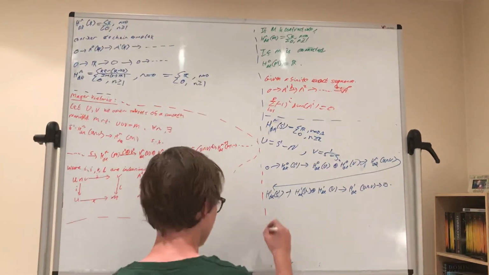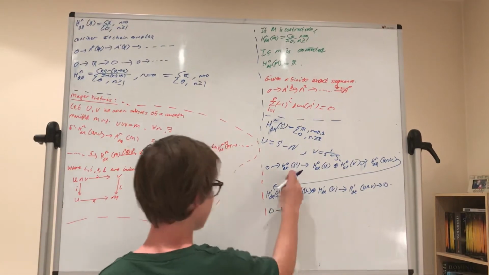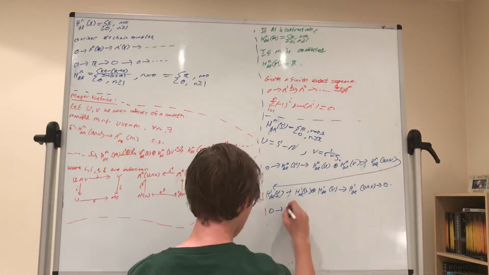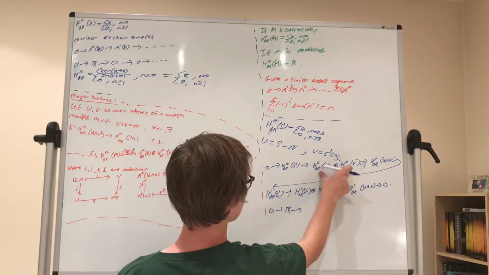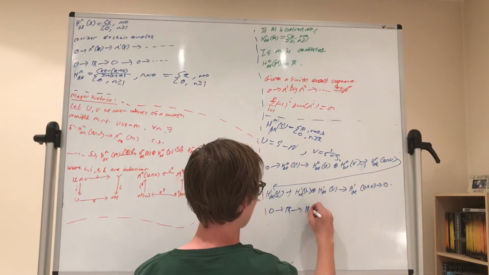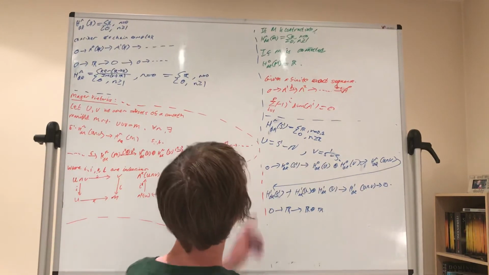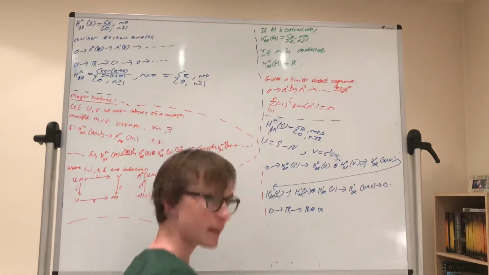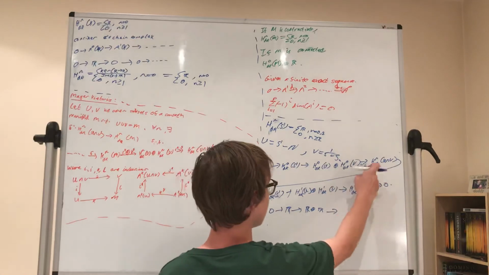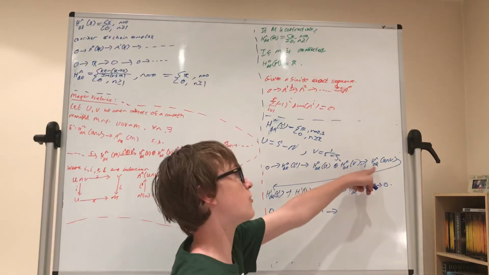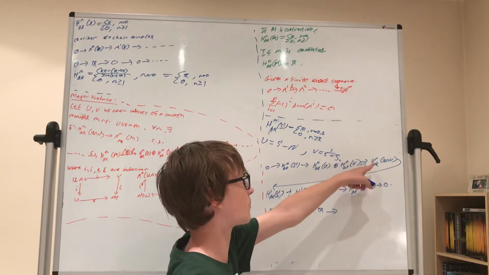We're going to have 0, and then this is going to be R, and then this is going to be the direct sum of R and R, by the Poincaré lemma. And then this is going to be going on to, well, the intersection is smoothly homotopic to a 2-point space.